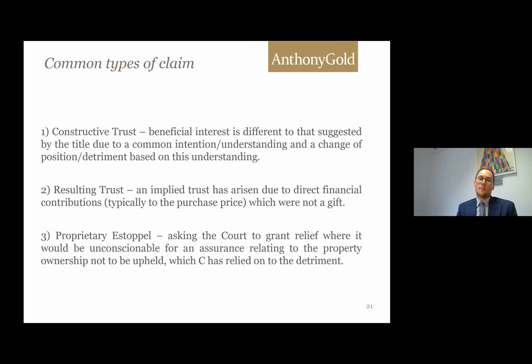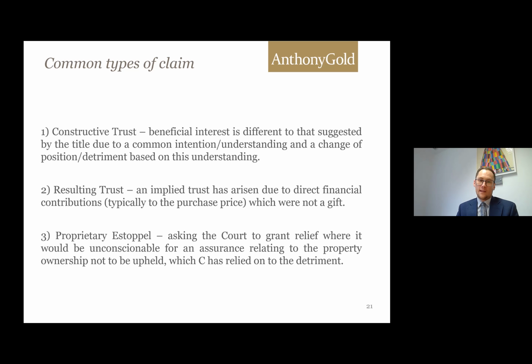Moving on to common types of claim, which you'll all, I'm sure, be very familiar with. The first is an argument that a constructive trust has arisen, and broadly speaking, this is an argument that the beneficial interest is different to that suggested by the title due to a common intention or understanding between the parties, and then a change of position or detriment based on this understanding.